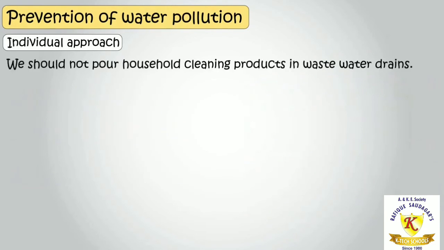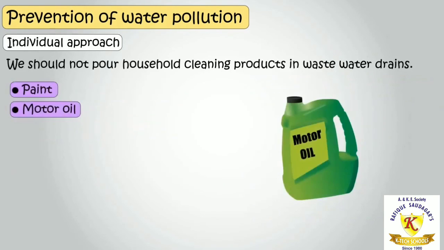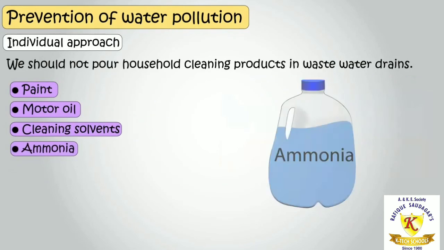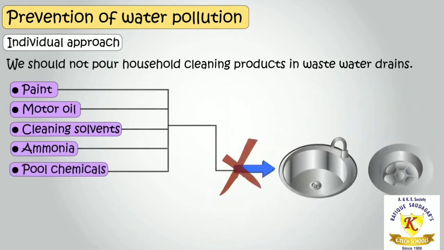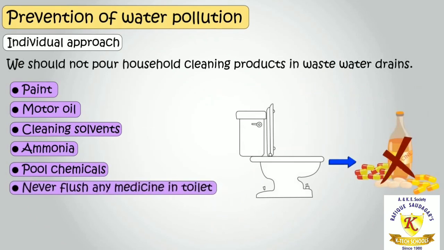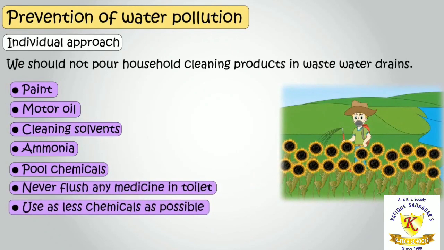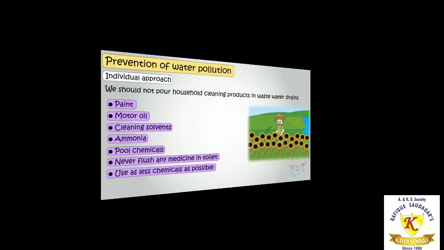We should not pour household cleaning products like paints, motor oils, cleaning solvents, ammonia, pool chemicals directly in wastewater drains. It is very harmful. Got it, children? We should never flush any medicines in toilets. Use as few chemicals as possible.